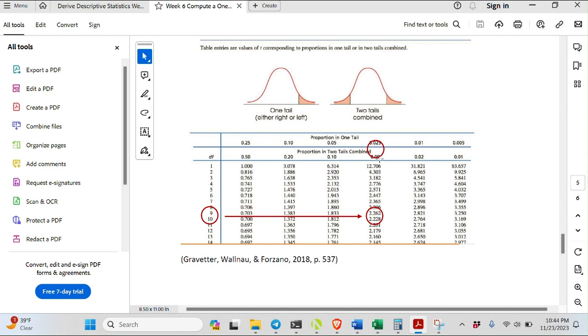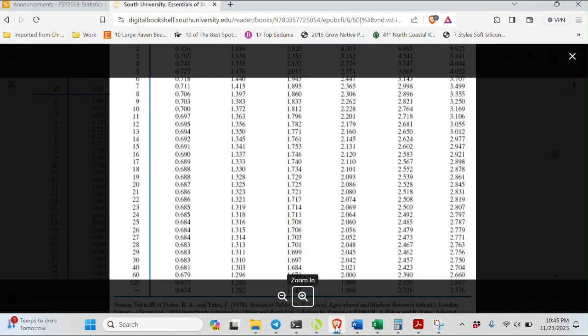So basically you would follow this down until you get to your degrees of freedom. The problem with this example is that it only shows part of the chart or the appendix for the values of t. So you need to go to the textbook. And this is from the textbook.